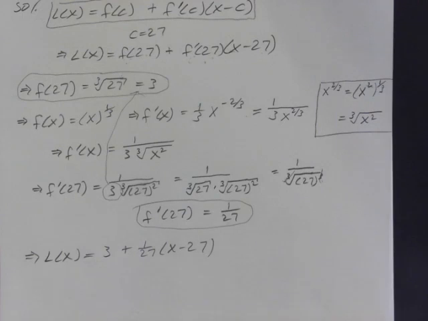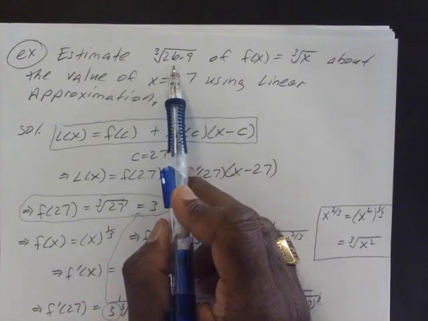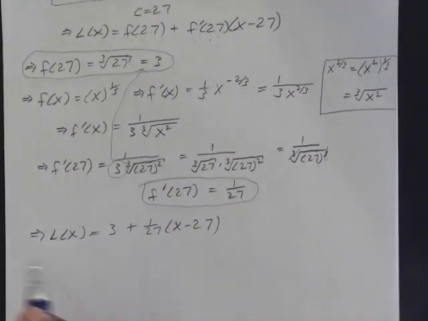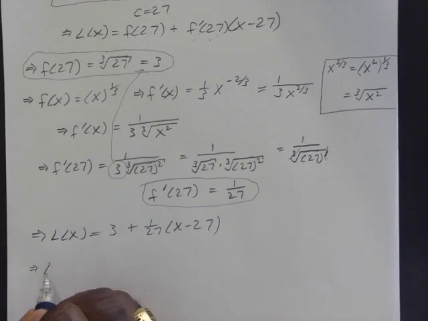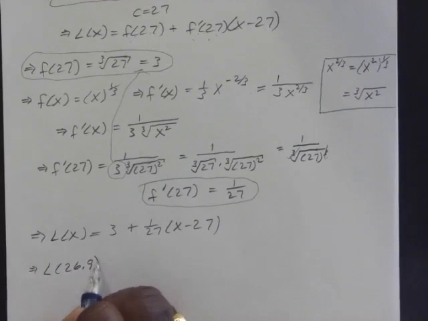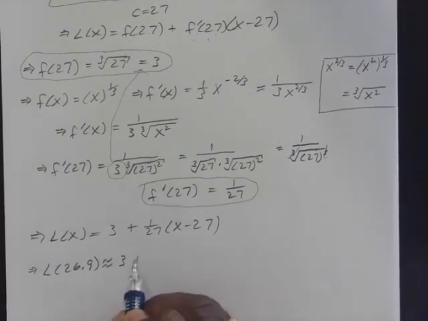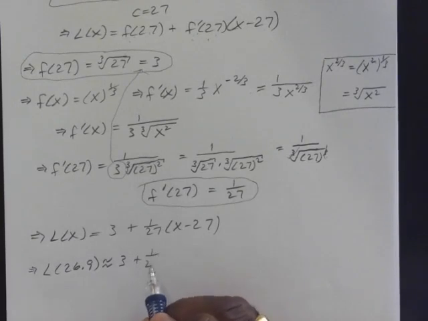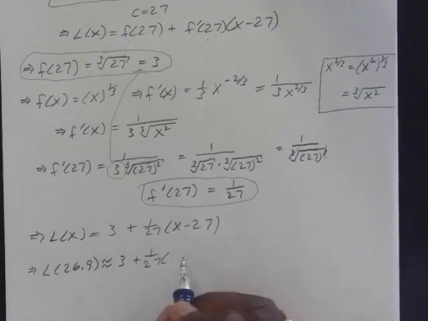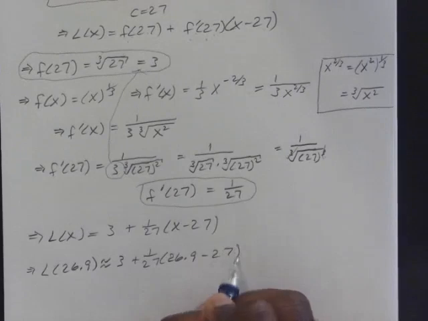Okay. But we want to estimate the cube root of 26.9. So the linear approximation of 26.9 is approximately equal to 3 plus 1 over 27, and instead of x, we have 26.9 minus 27.